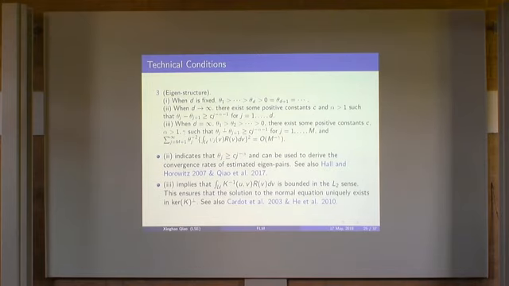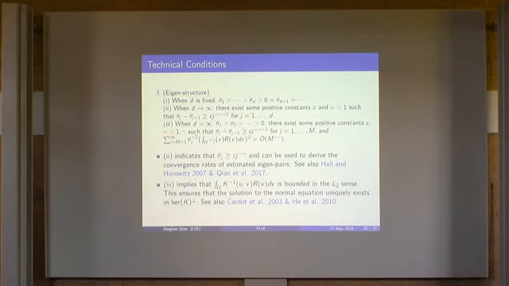If D is finite, then you just assume that all the eigenvalues are different. If D goes to infinity, then we assume that we have an eigengap, which is controlled by the parameter alpha here. If alpha is very large, the eigengap can be very small.